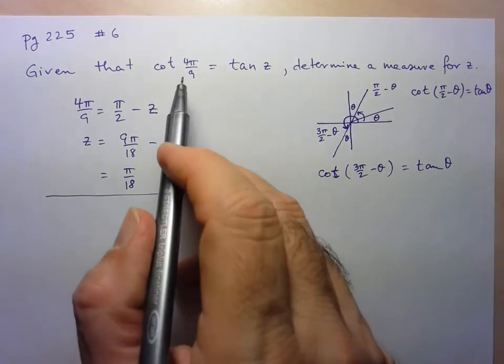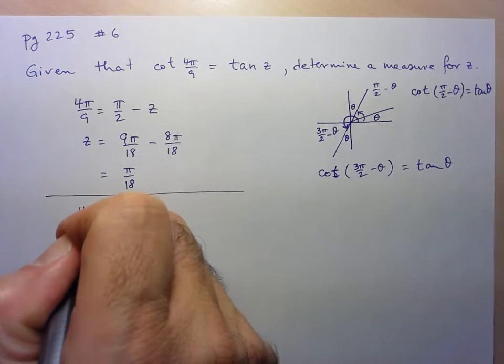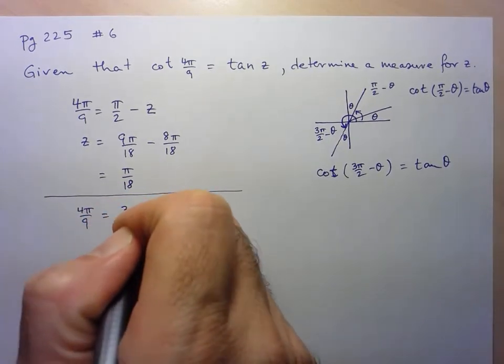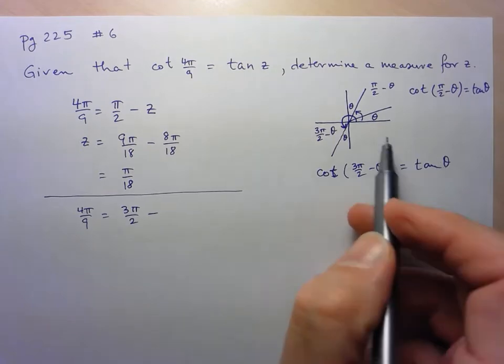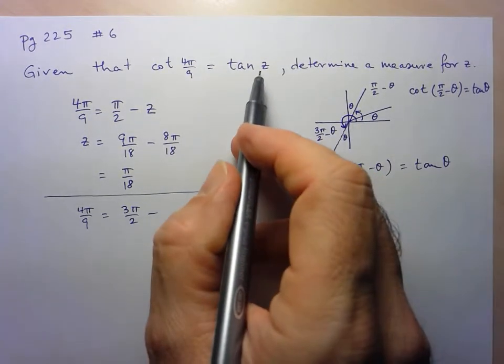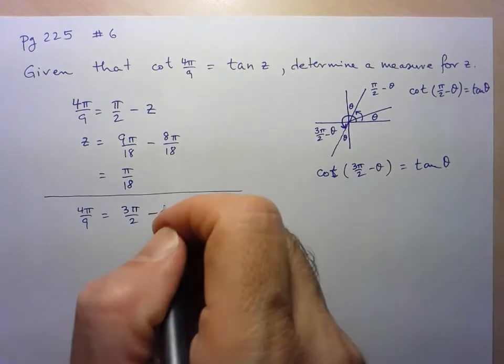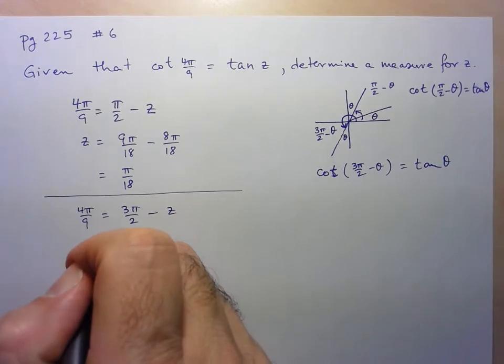Now my 4 pi over 9 needs to be equal to 3 pi over 2 minus theta. So 4 pi over 9 is equal to 3 pi over 2 minus, but again, theta is just going to be that z angle given inside the tangent in the equation we're working with. So this is going to be minus z. Now I can solve this equation again, bring z to the other side.